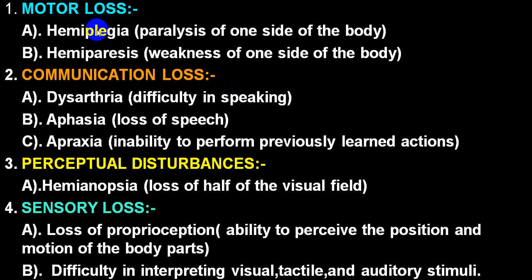Motor findings like hemiplegia or hemiparesis, communication disturbances in the form of dysarthria, aphasia or apraxia, perceptual disturbances in the form of homonymous hemianopia, sensory disturbances, or even visual disturbances. Cognitive function disturbances may also be there.